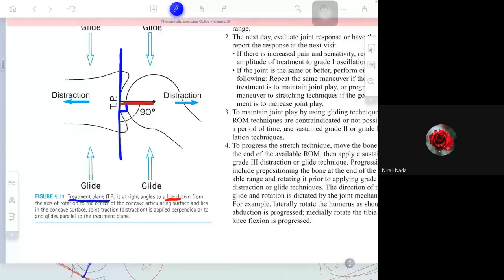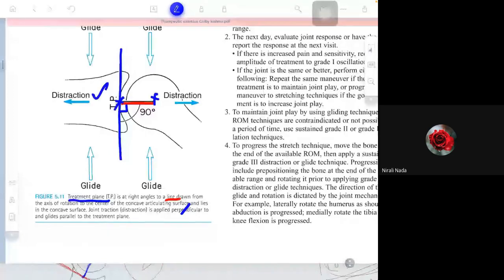So how is that second line drawn? The second line is drawn from the axis of rotation to the center of the concave articulating surface and always lies in the concave surface. Which is concave? This is the concave surface.